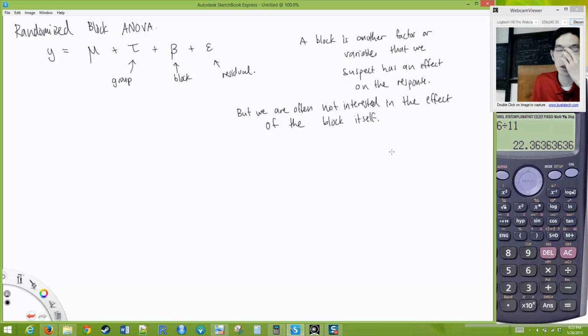Okay, so here's an example. Let's say you're growing plants in a greenhouse.